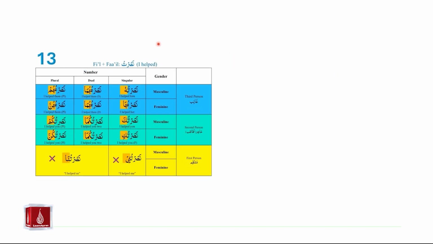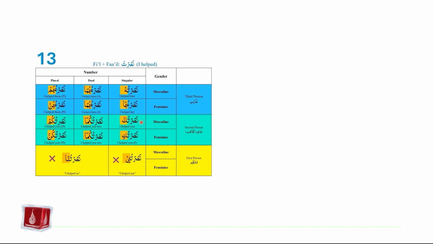Our next combination of fi'il plus fa'il is nasartu, I helped. Nasartuhu, I helped him. Nasartuhuma, I helped them, referring to dual and masculine. Nasartuhum, I helped them, referring to masculine and plural. Nasartuha, I helped her. Nasartuhuma, nasartuhunna.